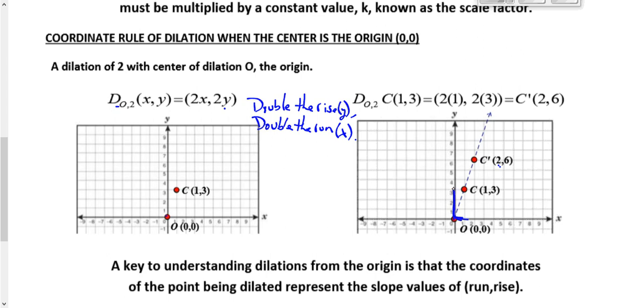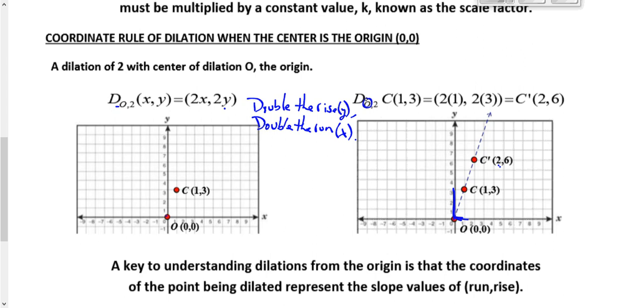And the rise from the origin to a rise of 3 is 3 minus 0. I'm going to complicate this notation a little bit, and it'll help us when we get to a center that's not 0, 0. Really, the center is 0, 0, and we're originally adding 1 minus 0.